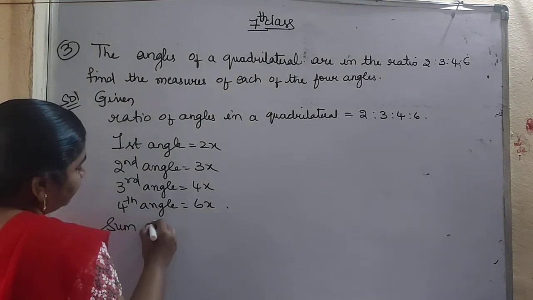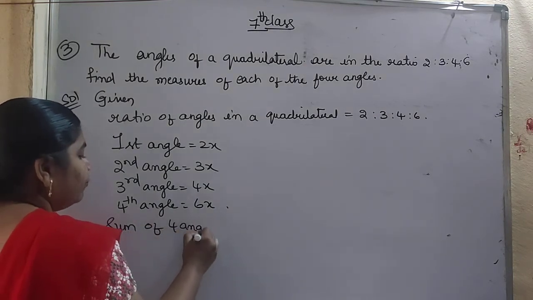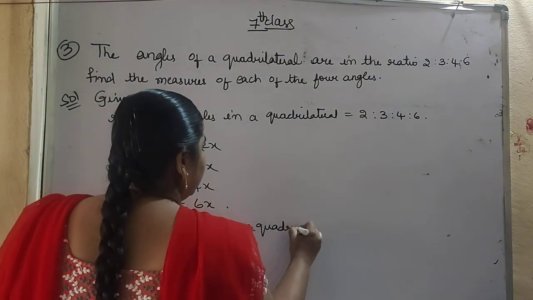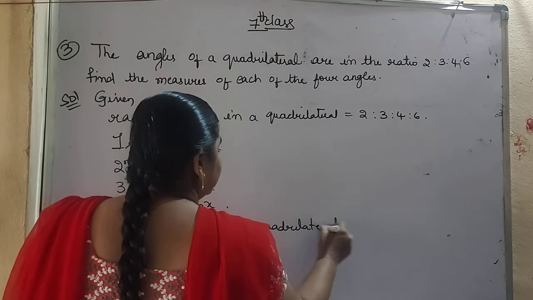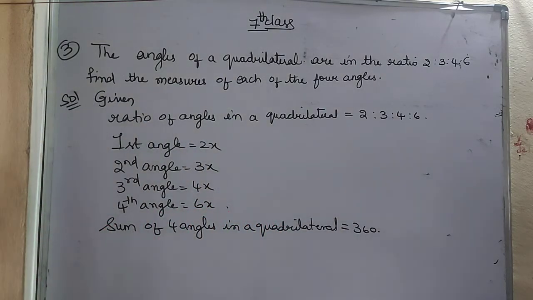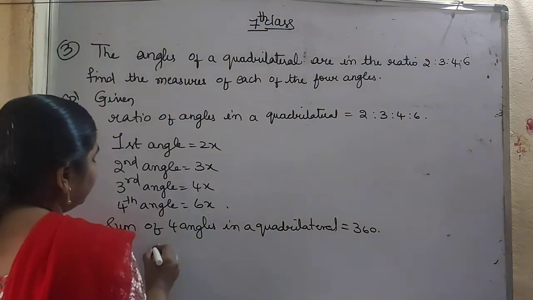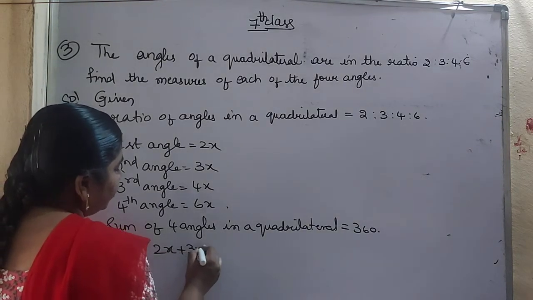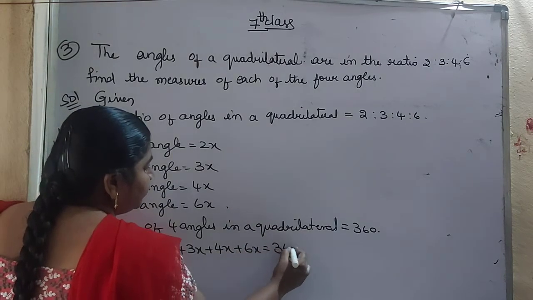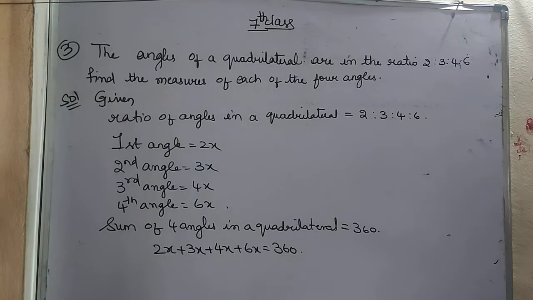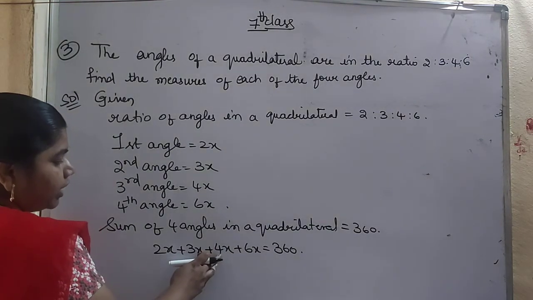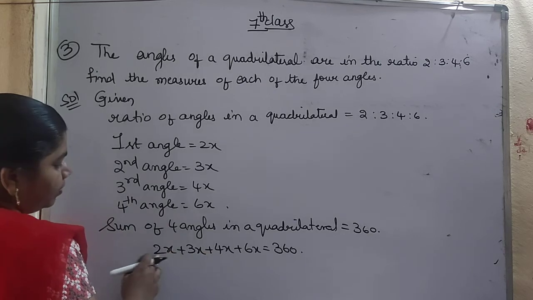And we know that the sum of four angles in a quadrilateral is how much? 360 degrees. That means if you add all these four angles, that should be equal to 360. That is, 2x plus 3x plus 4x plus 6x should be equal to 360 degrees. Now add all the values: 6 plus 4 is 10, 10 plus 3 is 13, 13 plus 2 will be 15.